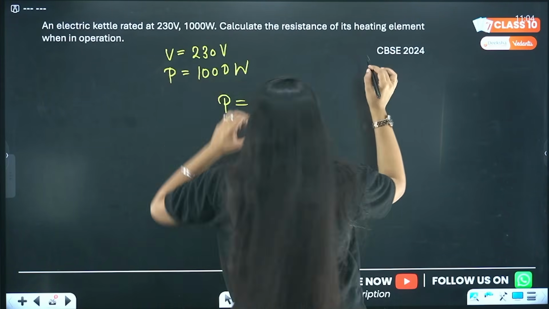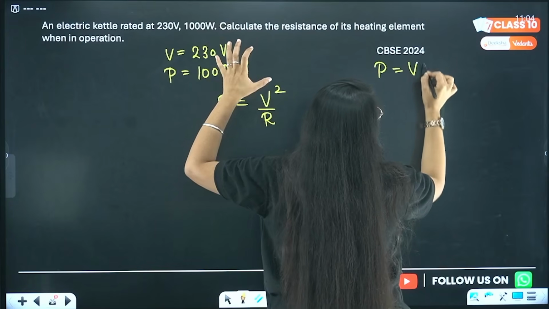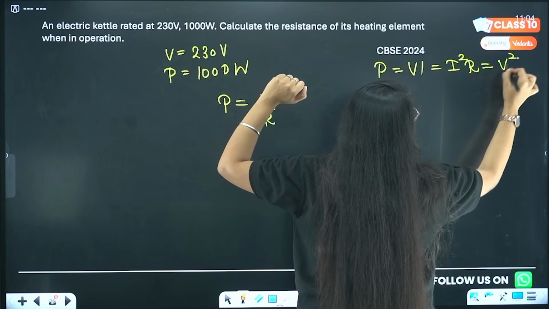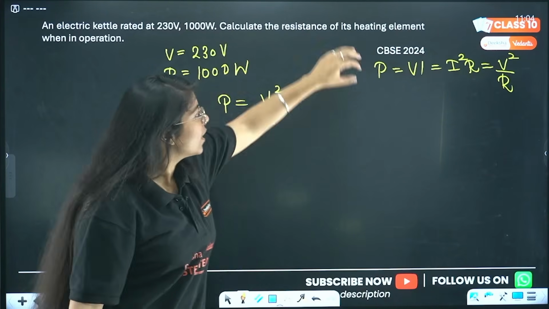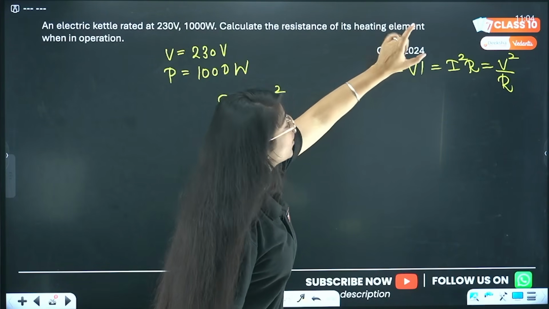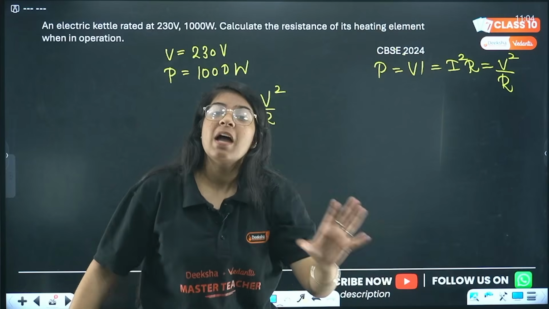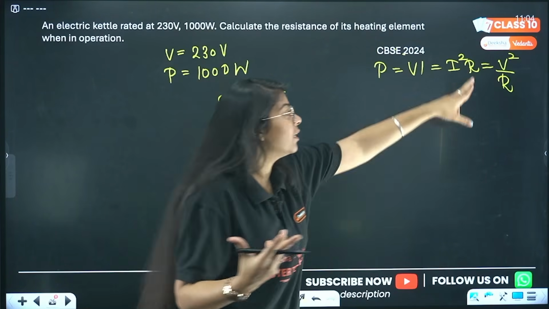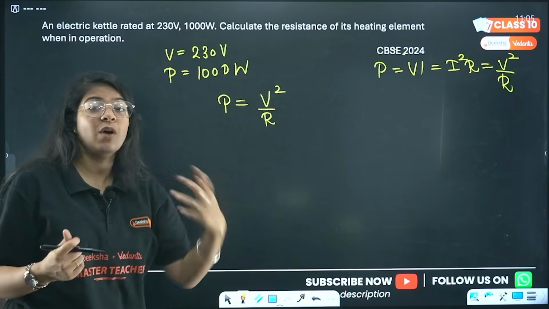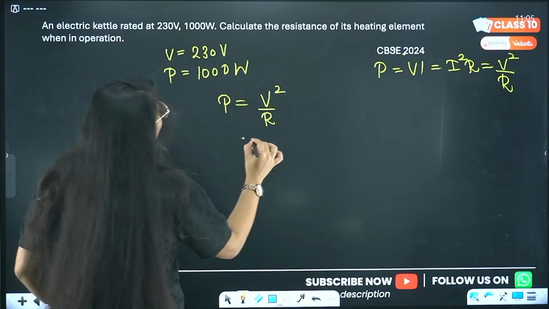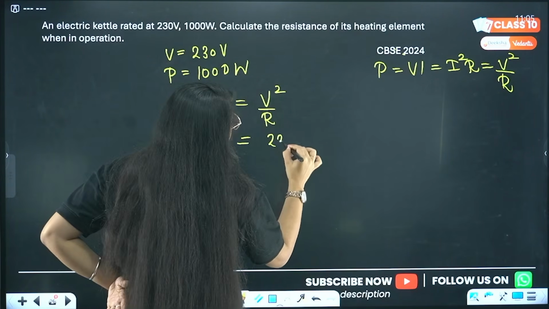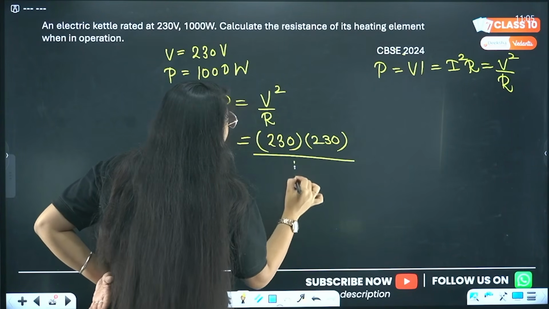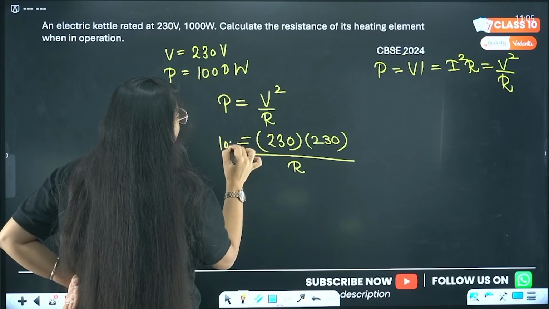We have the formula of power as V into I. It is also equal to I square R and equal to V square by R. Now in this case we are given power and voltage, and we have to find the resistance. So which formula will we use? We'll use V square by R. That's how you have to think. So V square is 230 into 230 divided by R, and power is 1000 watt.